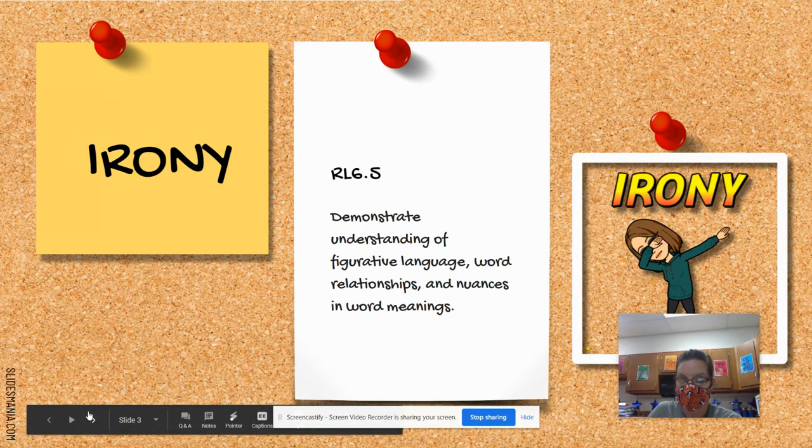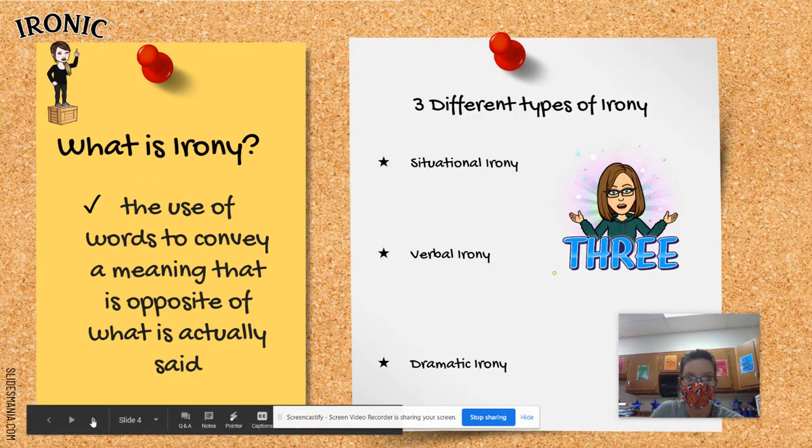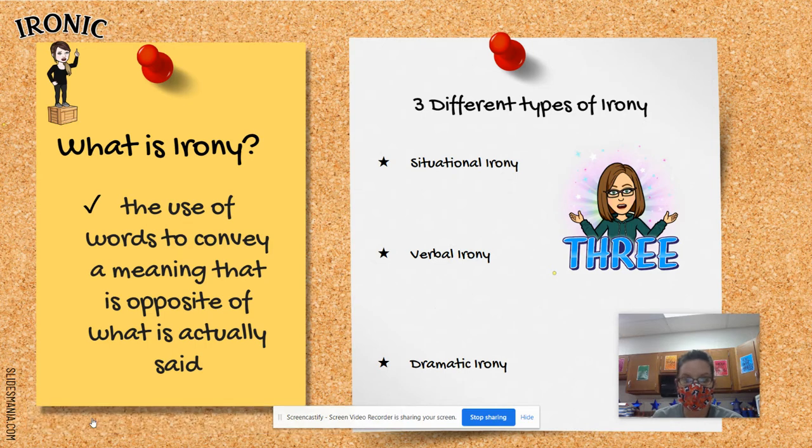Again, irony is a type of figurative language that we're going to continue to dive into and learn about. Irony is the use of words to convey a meaning that is the opposite of what is actually being said, so keep that in your mind.